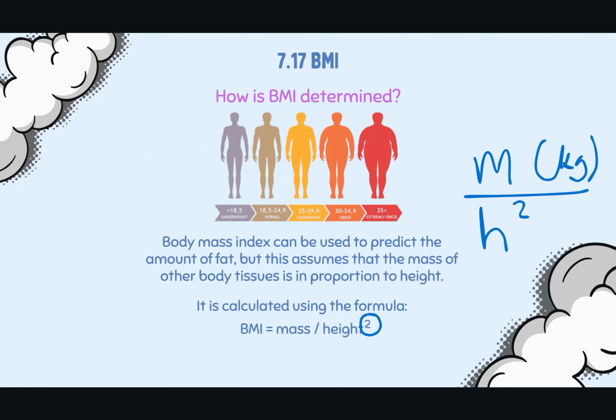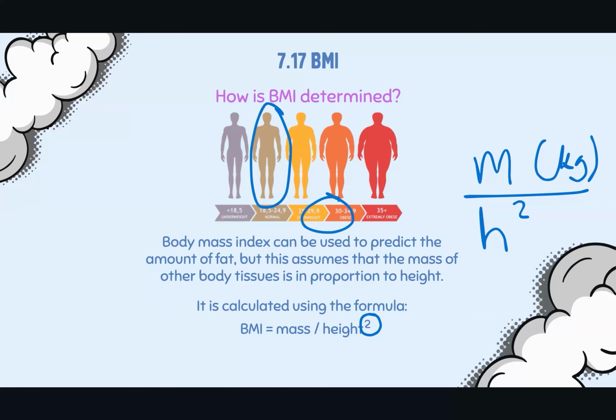Now, the issue with BMI is that if you've got someone that looks like this, but they are very muscular, their BMI might actually be somewhere around there between the overweight and the obese category. But in reality, they're just muscle.